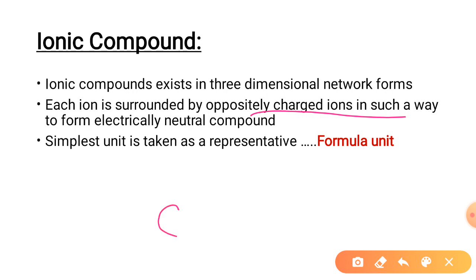It means if you have a sodium ion, which is positive, it is surrounded by other ions which are oppositely charged, and further this negative ion is surrounded by positive ones to make it neutral. So ionic compounds are represented by simplest units. So we say ionic compounds have a formula unit, meaning this unit represents the whole compound.